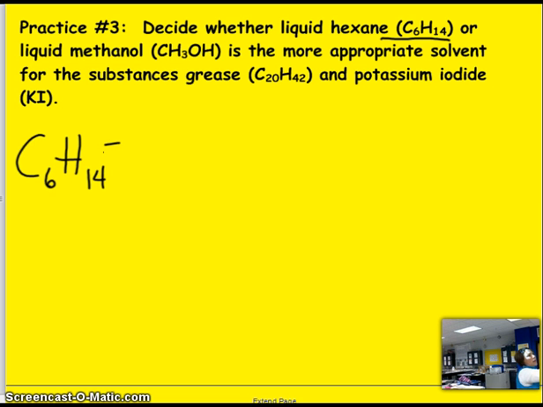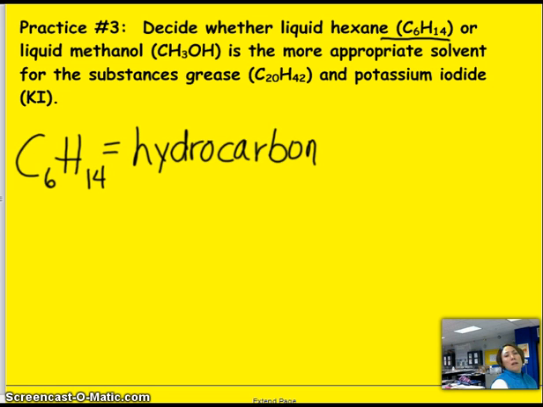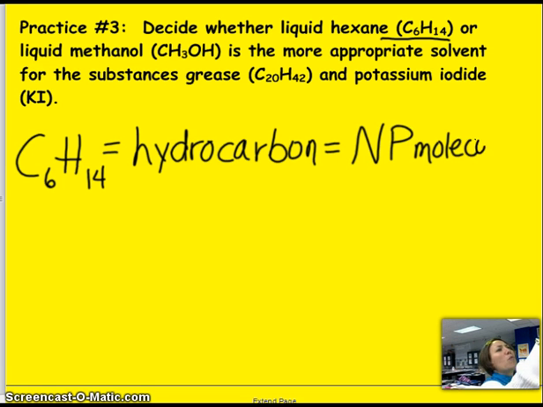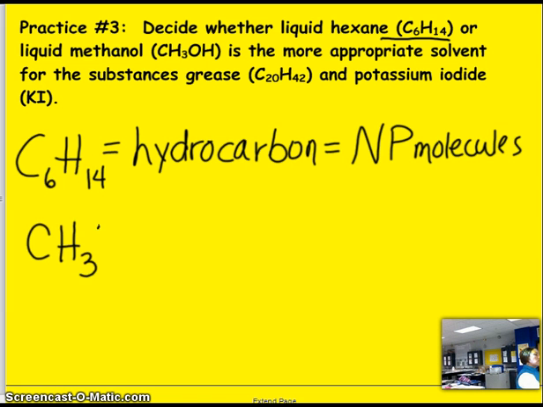Okay? So liquid hexane right here is what we call a hydrocarbon. It's only made of hydrogen and carbon. That's why we call it a hydrocarbon. And hydrocarbons are large nonpolar molecules, and so they have weak forces of attraction between them, okay? Liquid methanol is almost like a hydrocarbon, except it has oxygen in it, right?